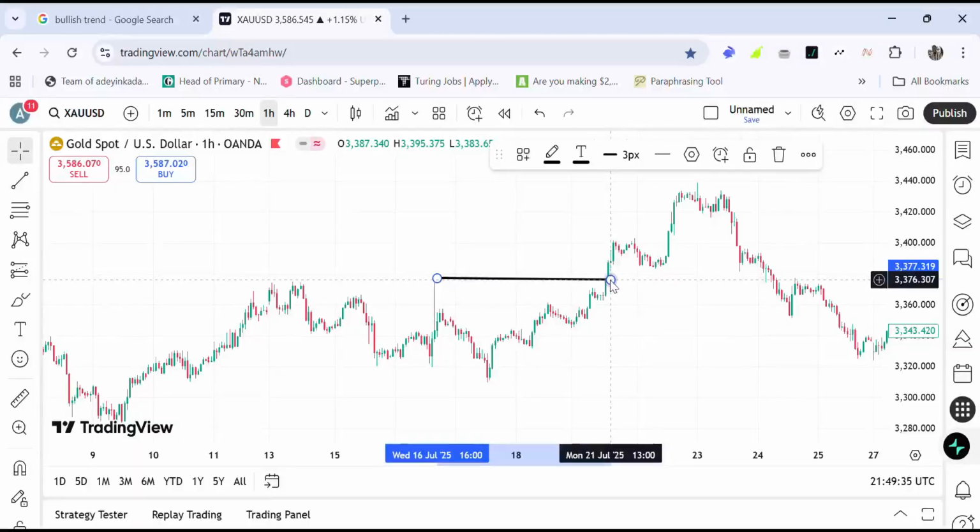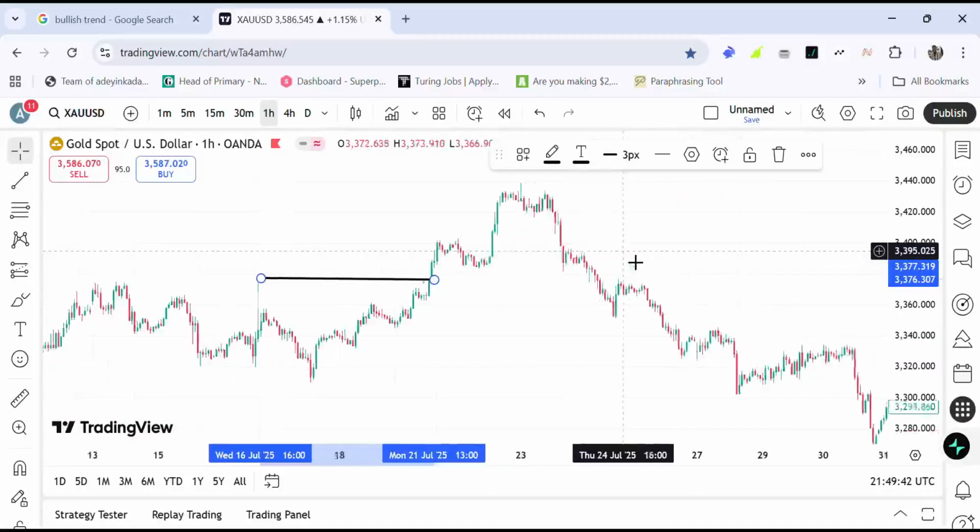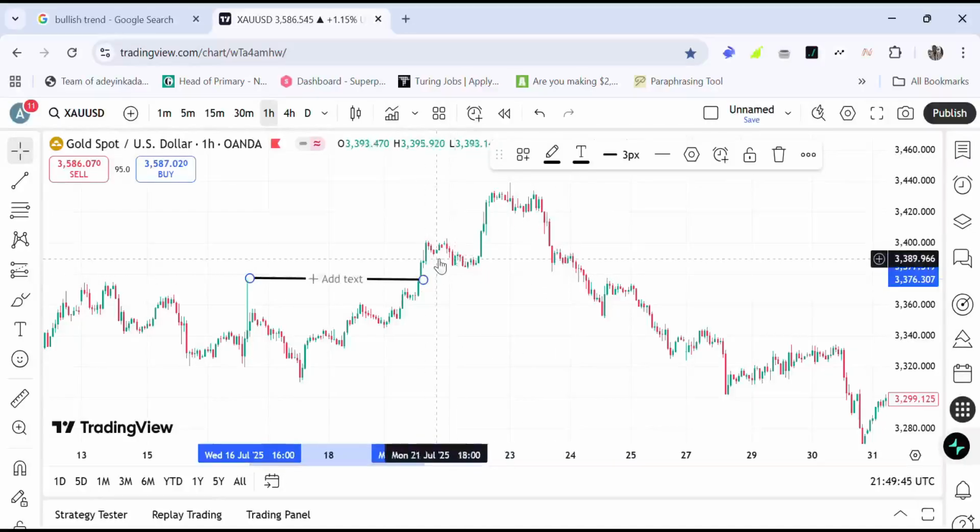So here now I can just say, okay, this is a break of structure here to the upside. All right, market break to the upside here. Just need to understand how the market behaves. That's all. The market trend is breaking to the upside at this point.